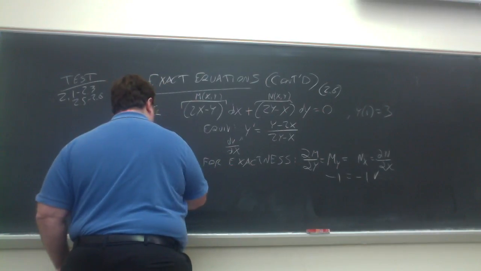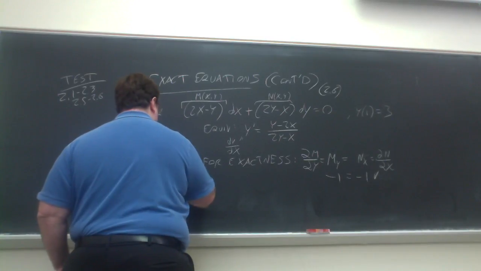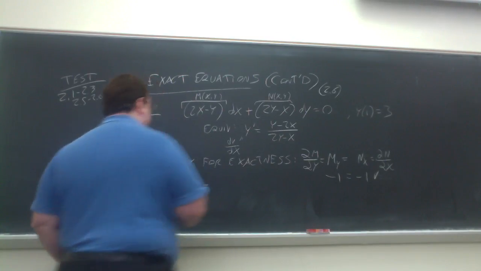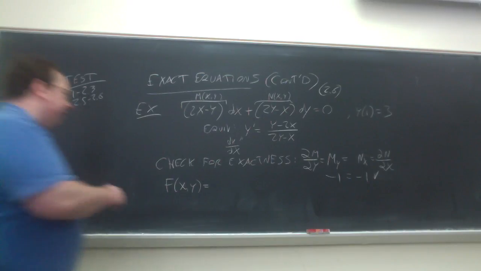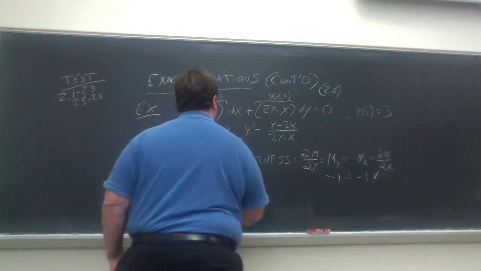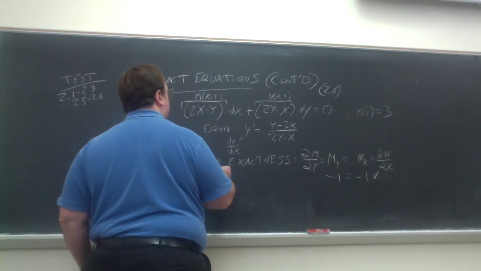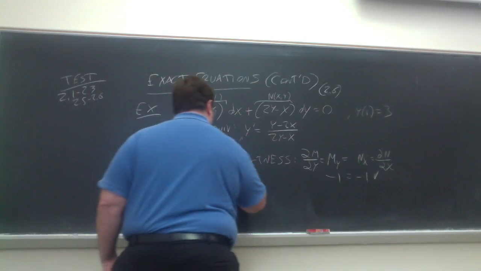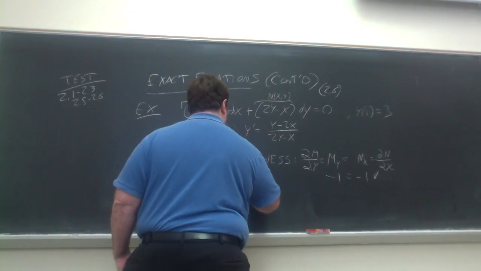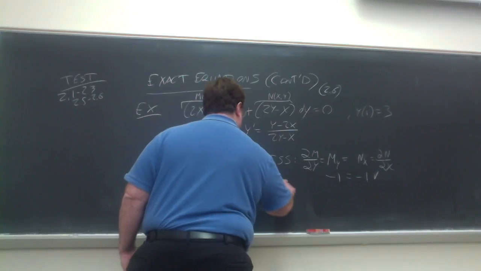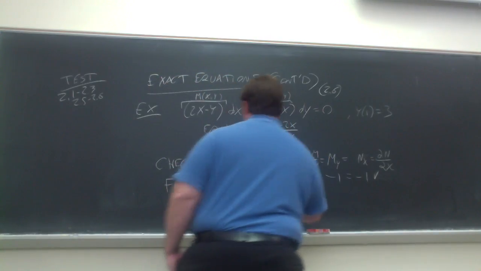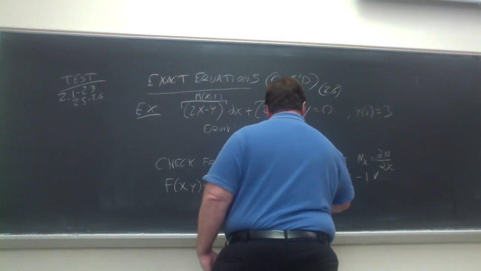So first thing we do, the function f of x,y is going to implicitly describe a solution for us. It is going to be an integral, so an antiderivative of M with respect to x. So we'll fill in what M is. Okay, 2x minus y.